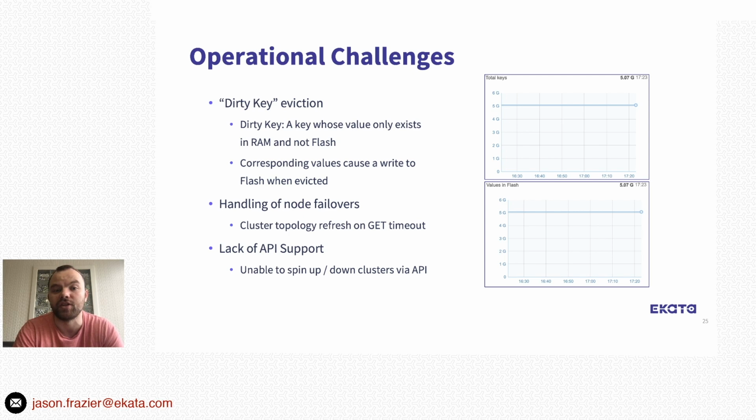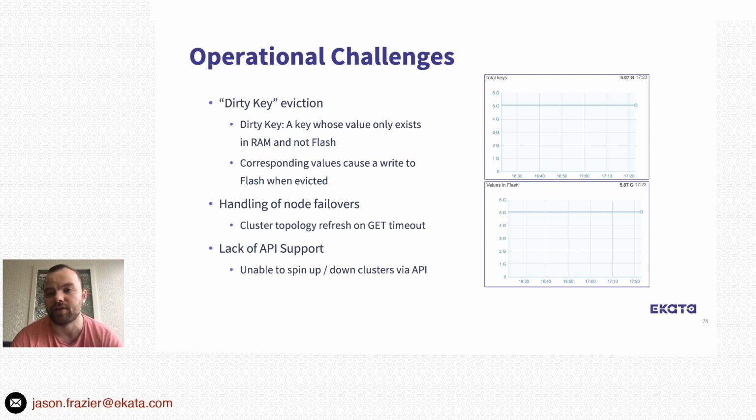We started evicting tens to hundreds of millions of keys out of RAM into Flash at the same time, and that was causing tens to hundreds of millions of writes simultaneously in the cluster. It almost ground the entire cluster to a halt because so many write operations were going on, and it couldn't respond to any of the get operations at the time.